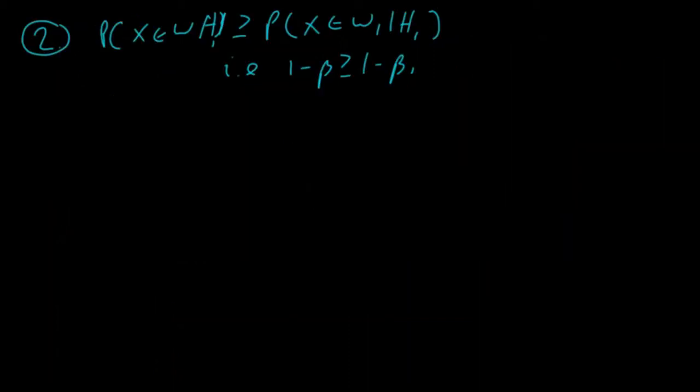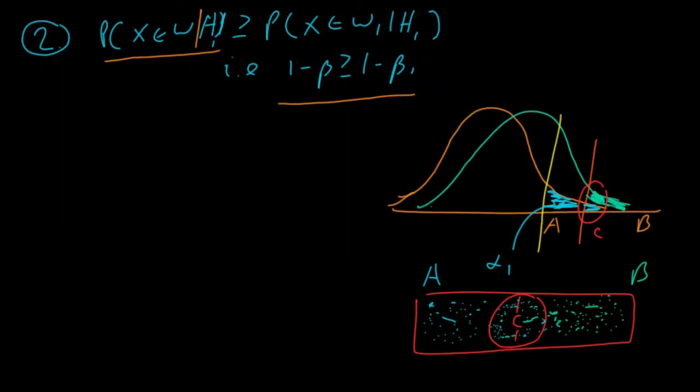In order to prove the probability of X is an element of W, given H1, is greater than or equal to the probability that X is an element of W1 given H1, it is enough for us to show that 1 minus beta is greater than or equal to 1 minus beta 1. So let us show two overlapping distributions. This should actually be our alpha right here, not alpha 1.